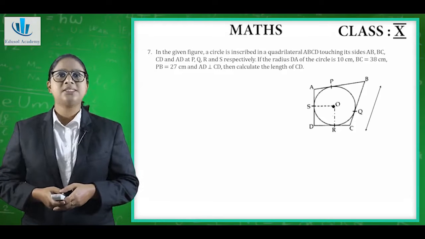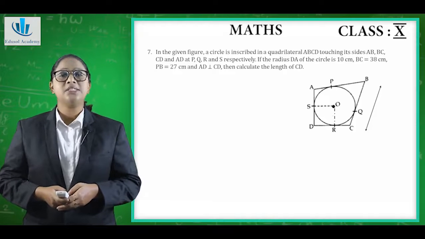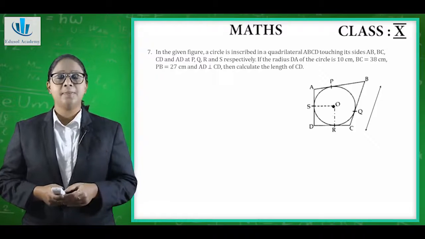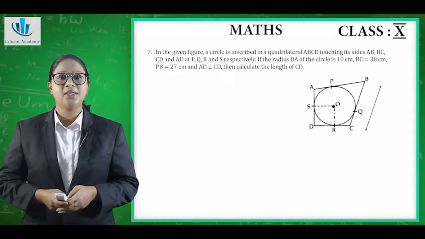Now let's move on to the next question. In the given figure, a circle is inscribed in a quadrilateral ABCD, touching its sides AB, BC, CD and AD at P, Q, R and S respectively.